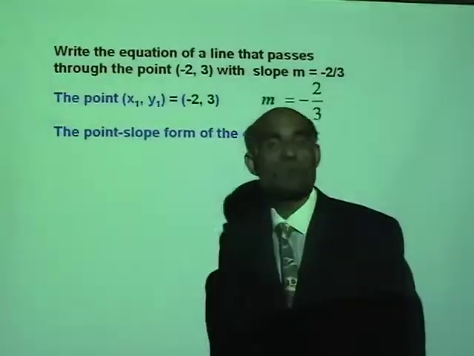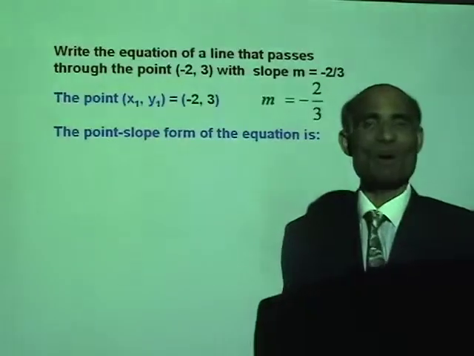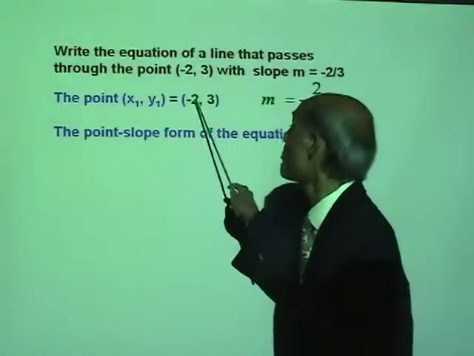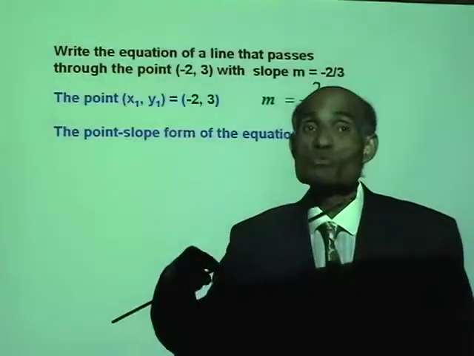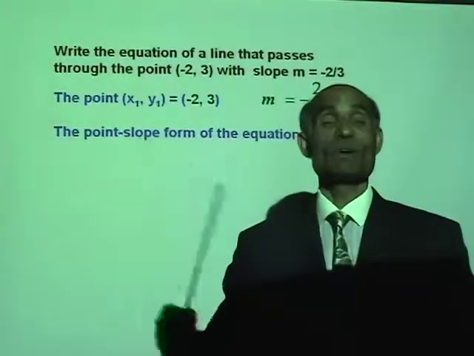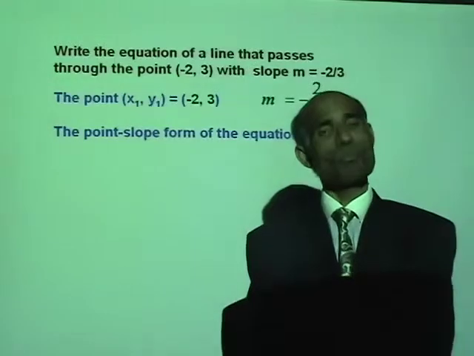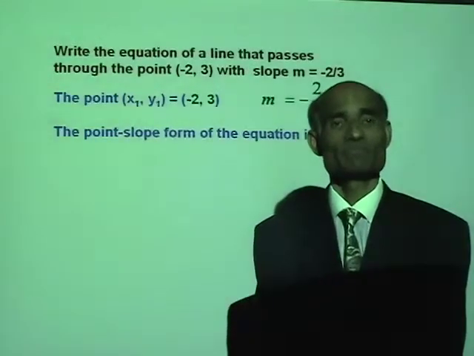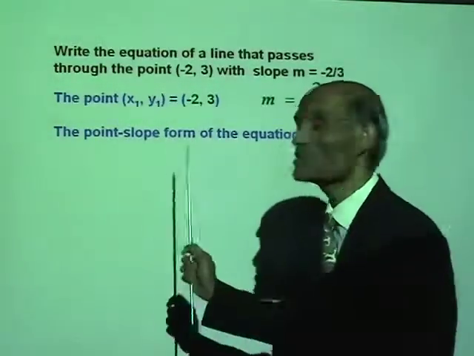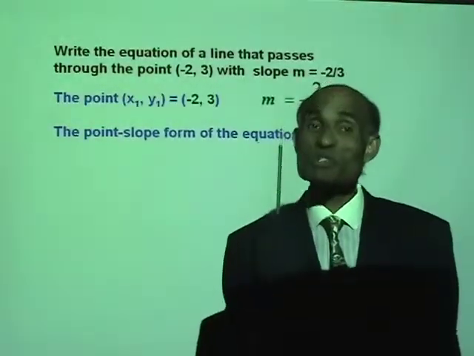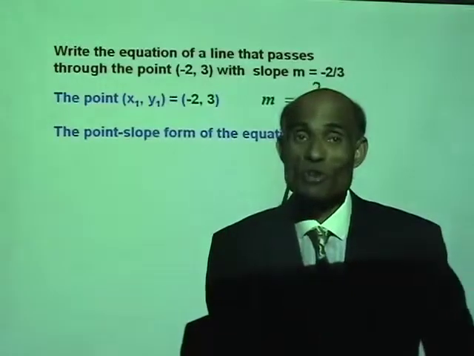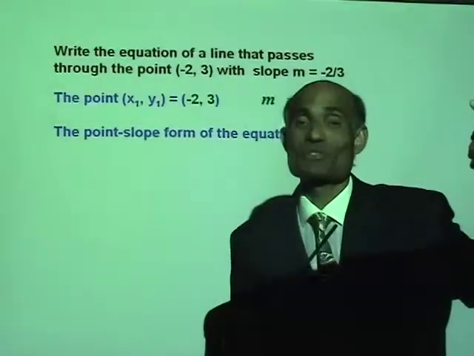Alright, what is the point-slope form of the equation? You know a point, you know the slope, therefore we use the point-slope form to write down the equation. What is the point-slope form? Now remember, this is a terribly important part of graphing, especially if any of you want to go and do a higher math course.